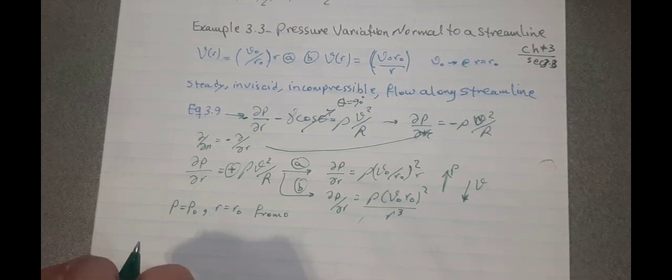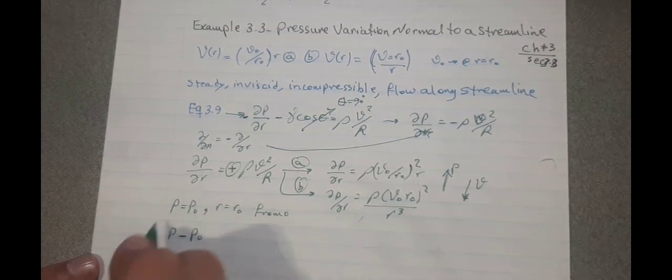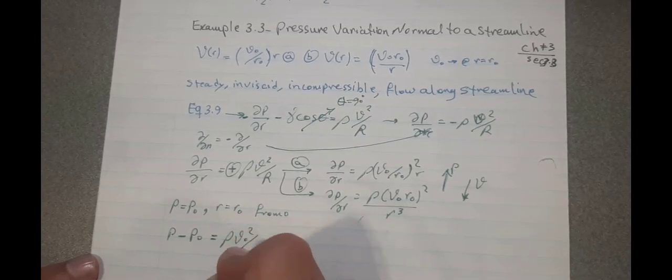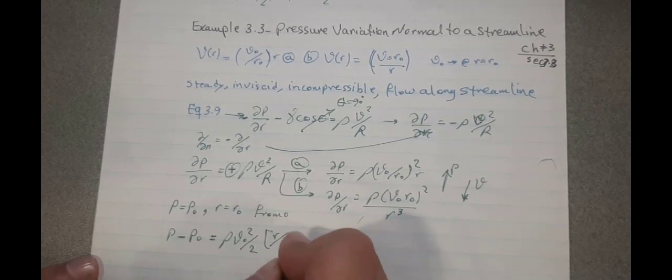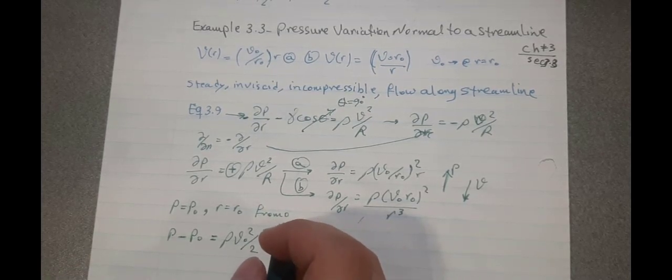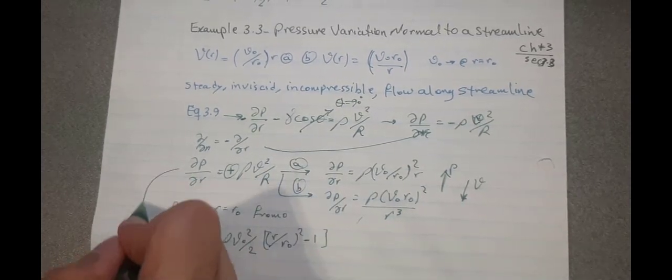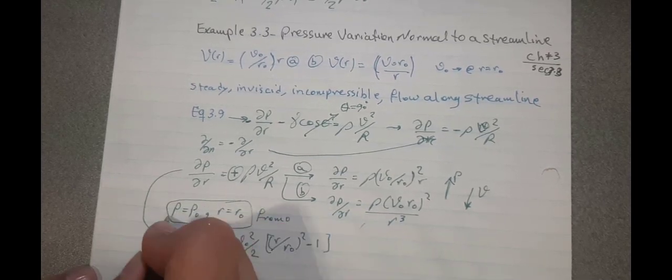The equation is going to be like this: P minus P0, once I've taken the integration, is equal to rho V0 squared divided by 2 times R divided by R0 squared minus 1. I've taken it from this and am substituting these amounts.